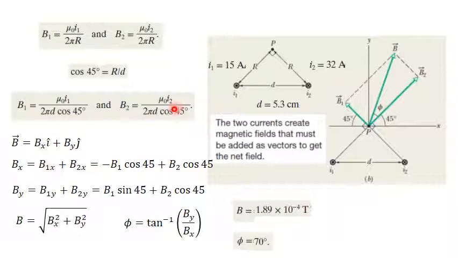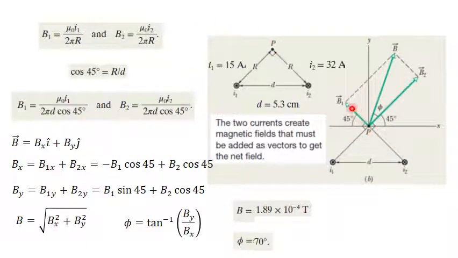The question now, what is the direction of B1 and B2? As we have mentioned, the direction is determined by putting our right thumb in the direction of the current I1, and we look at how our four fingers go here; it would be anti-clockwise.